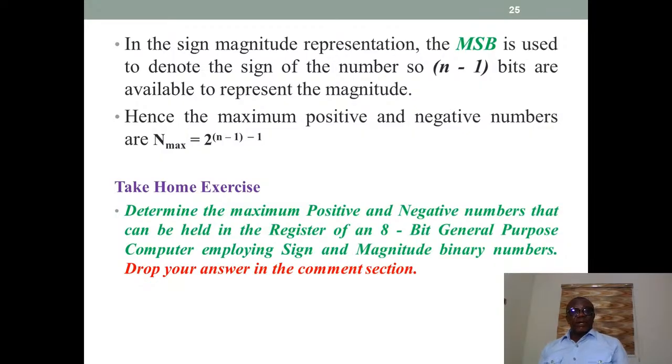You can also try to determine the maximum positive and negative numbers that can be held in the register of an 8-bit general purpose computer employing sign and magnitude binary numbers. You can take that out and drop your answer in the comment section. I will go through, and for people that didn't get it right, I will put them right.